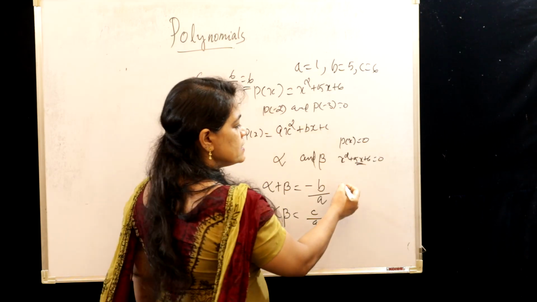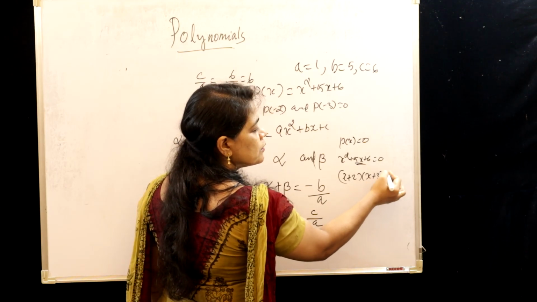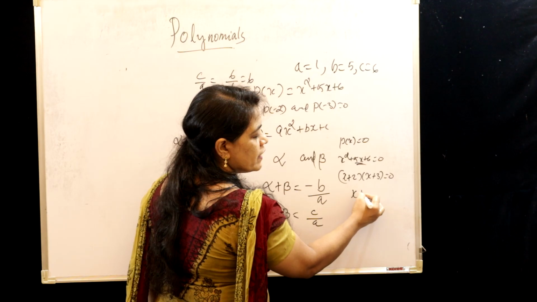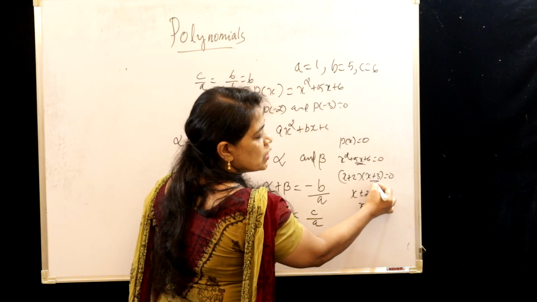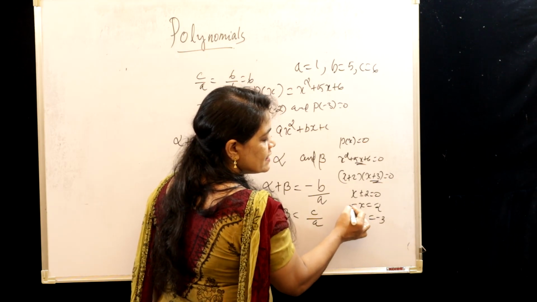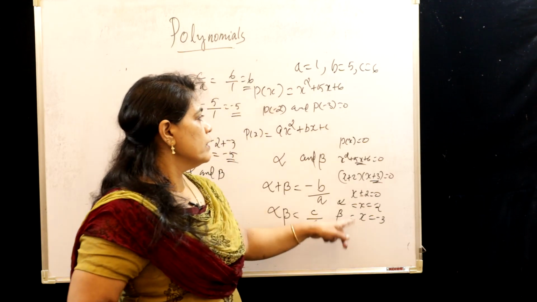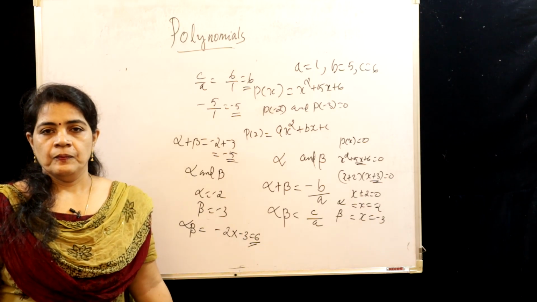Here you can see children, x plus 2 and x plus 3 equal to 0, and each factor can be equated to 0. X plus 2 equal to 0 means x equal to minus 2. If we equate x plus 3 equal to 0, x is equal to minus 3. Let the first zero be alpha and the second zero be beta. That is how we got alpha and beta as minus 2 and minus 3.